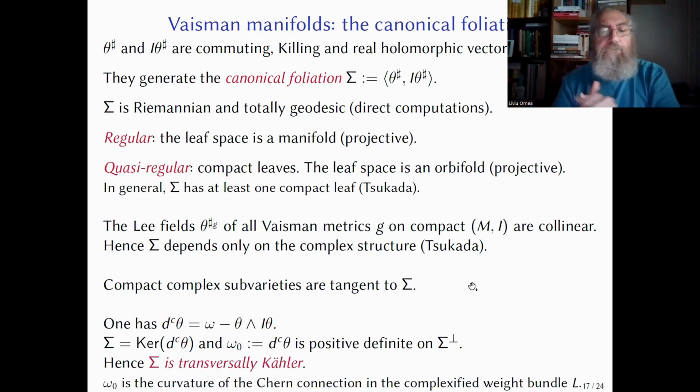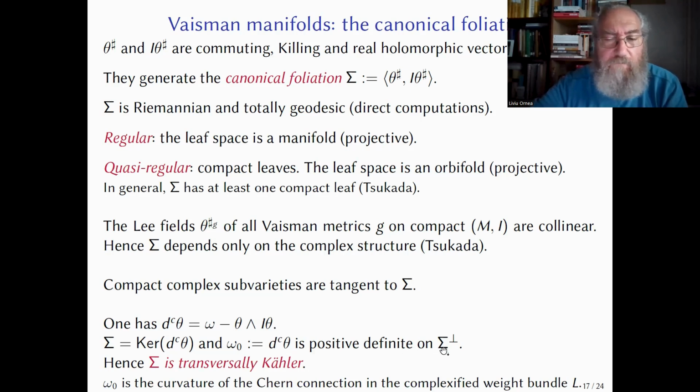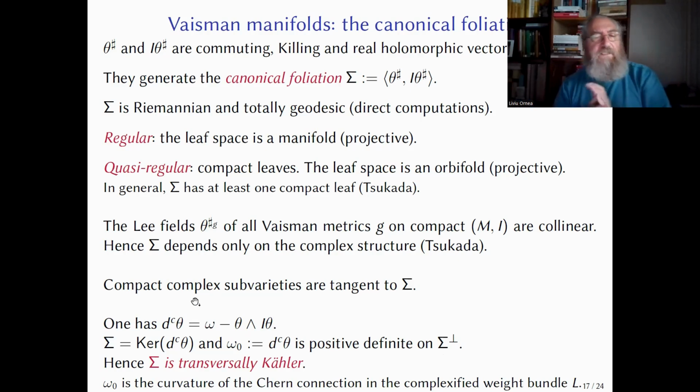And see, by this formula, when you kill theta, you arrive at something that we call omega zero, this d^c theta, which is positive on the orthogonal of the foliation. So this form, d^c theta, is almost positive, as I said.